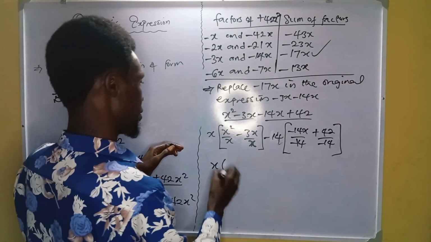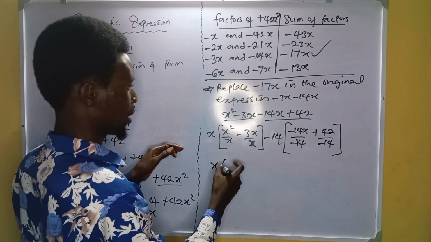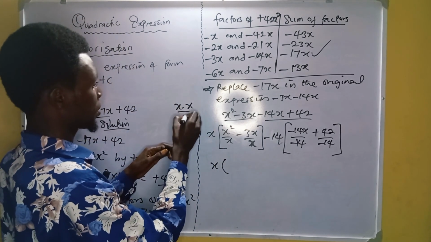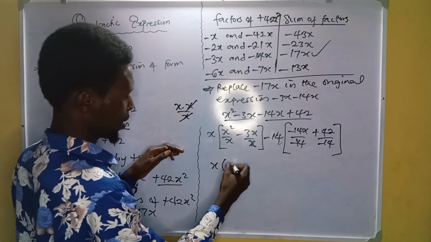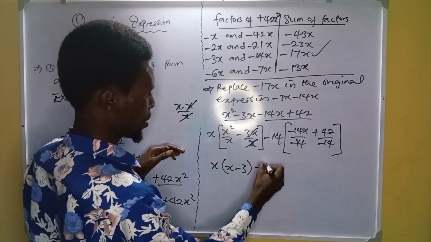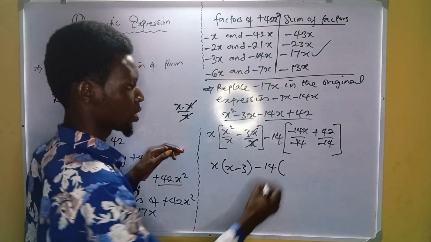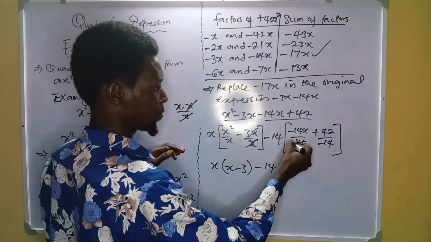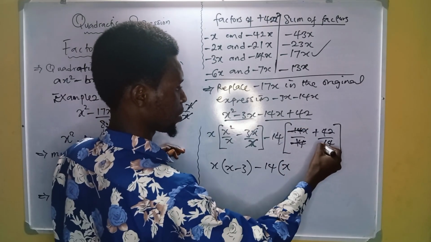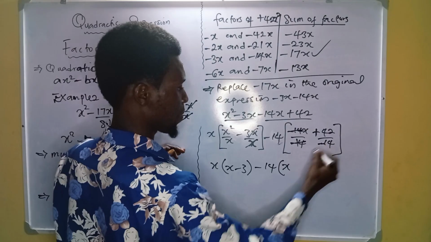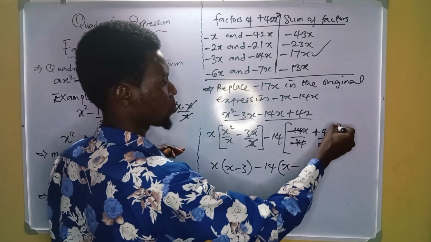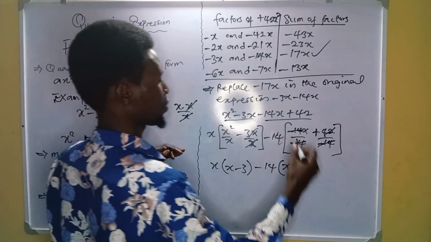So over here you're going to have what? This cancels: x times x over x, you have x here. Then here you have 3. Then minus 14 cancels minus 14, you have x, and minus divided by minus is plus... actually, 14 goes into 42 three times.